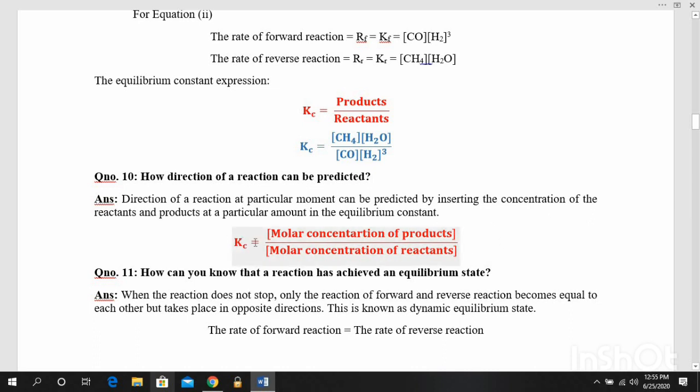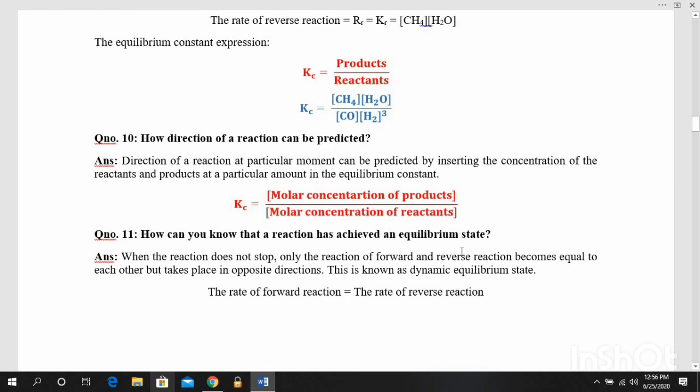So Kc is equal to the molar concentration of products divided by the molar concentration of reactants. We can also compare the value of Qc with Kc so that we can predict the direction of the reaction.